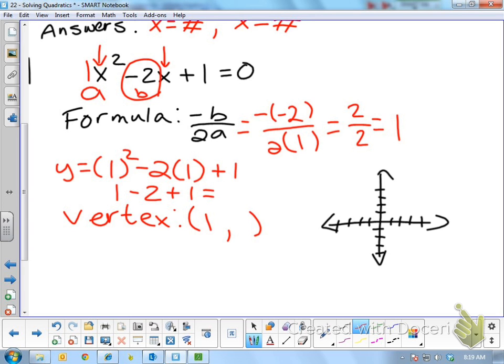Then we just add it all together. 1 minus 2 is negative 1. Plus 1 is 0. So we have 1 comma 0 is where our quadratic starts. That's our vertex. So we know our vertex. We still need to know our slope. What was our normal slope pattern?